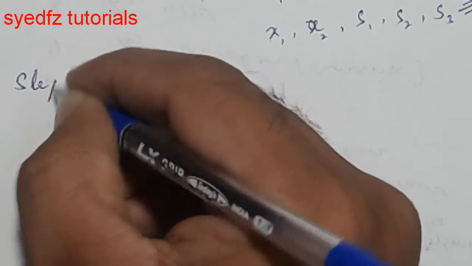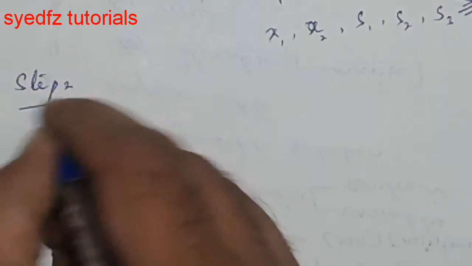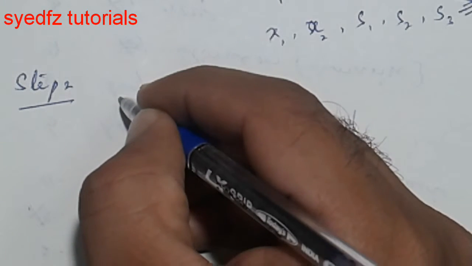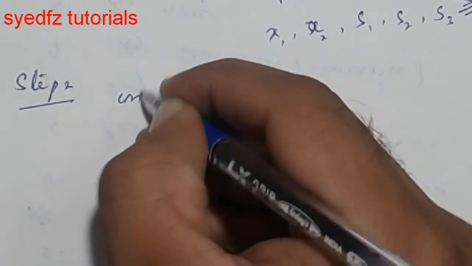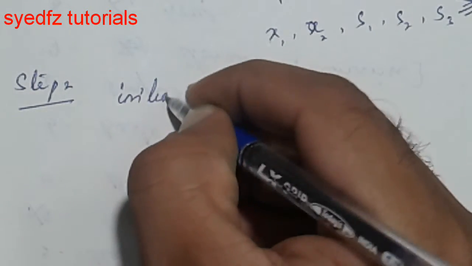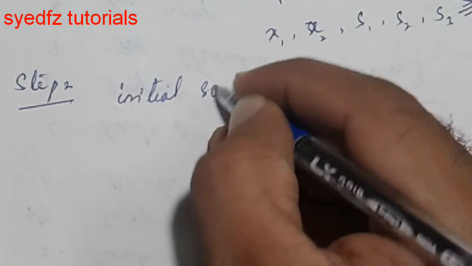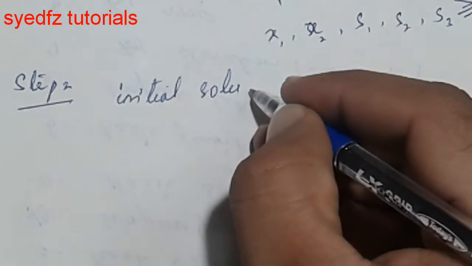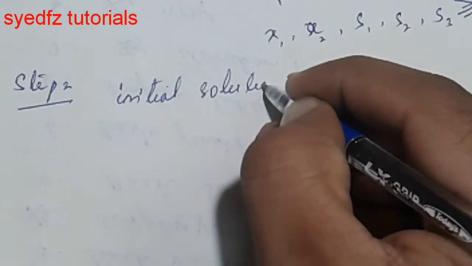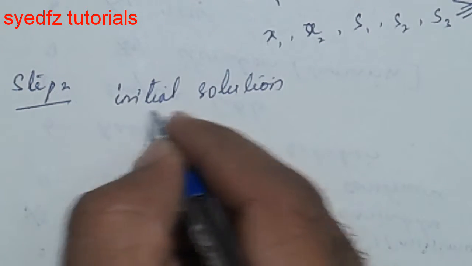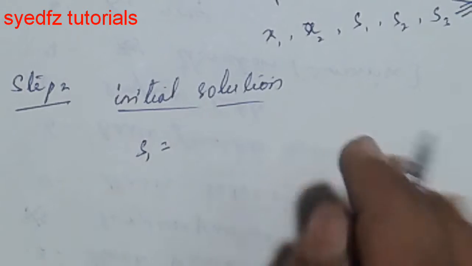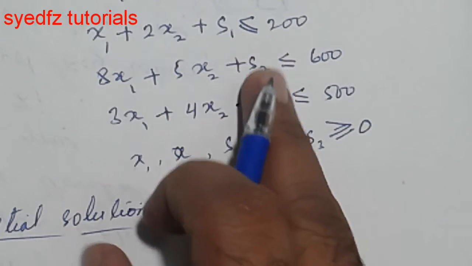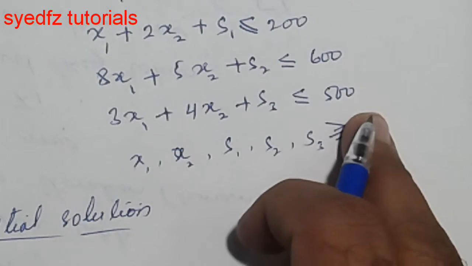Step 2, initial solution or basic feasible solution means points like s1, what is s1, 200, s2 600, s3 500.